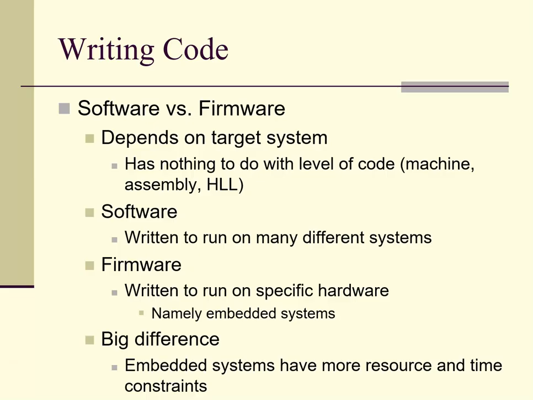So the big difference between these two is embedded systems typically are resource limited, and they often have time constraints. If you're programming your desktop computer or some mainframe computer, they typically don't have resource limitations or time constraints. This idea is things that have to get done. If you don't address it immediately, something breaks.